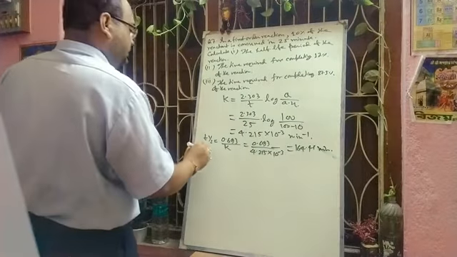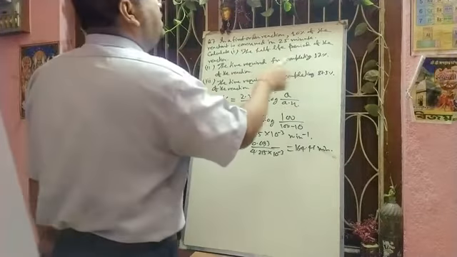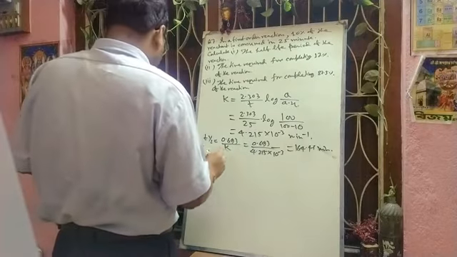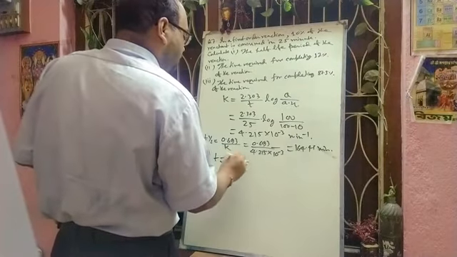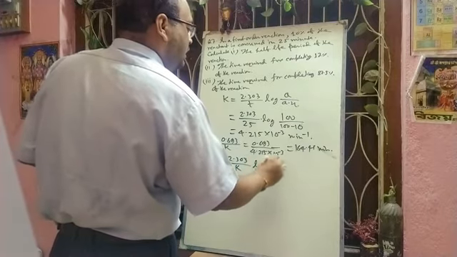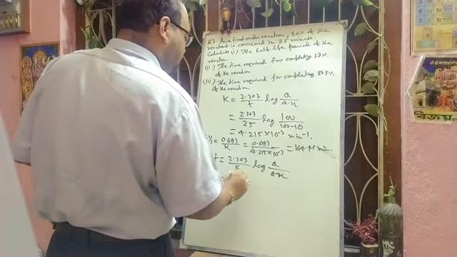Okay, now the second option is given: the time required for completion of 70% of the reaction. So here t is equal to 2.303 divided by k, log a by a minus x. So that will be 2.303.